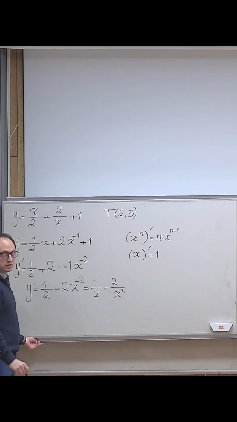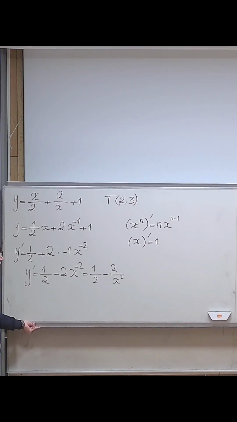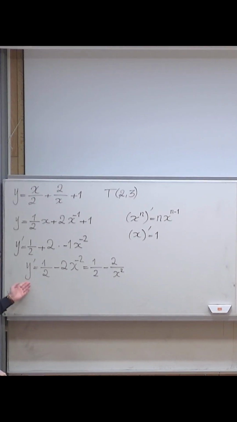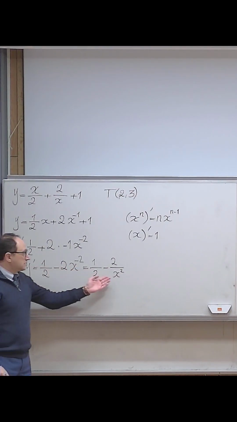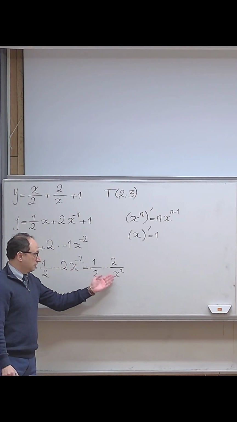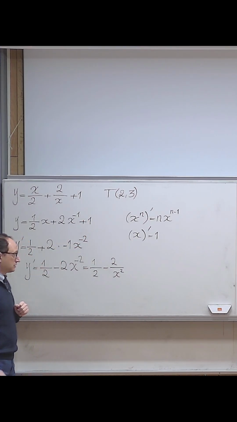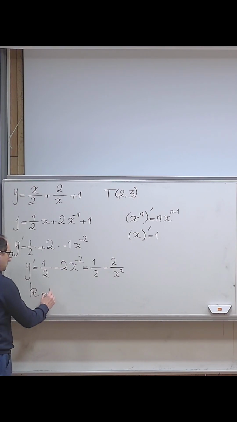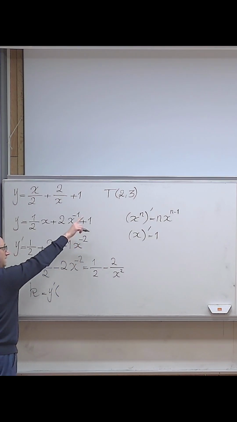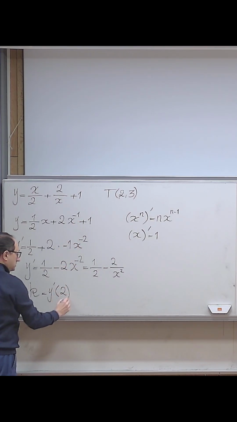This is the derivative. But if I want to find the slope of the tangent line, I have to replace the x variables in the derivative with the x coordinate of the point of tangency. So the slope, let me call this slope k, is y prime calculated at the x coordinate of the point of tangency, 2.